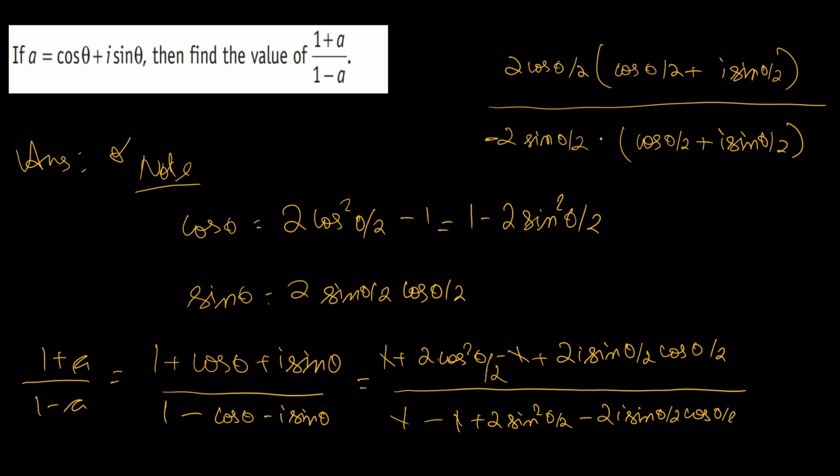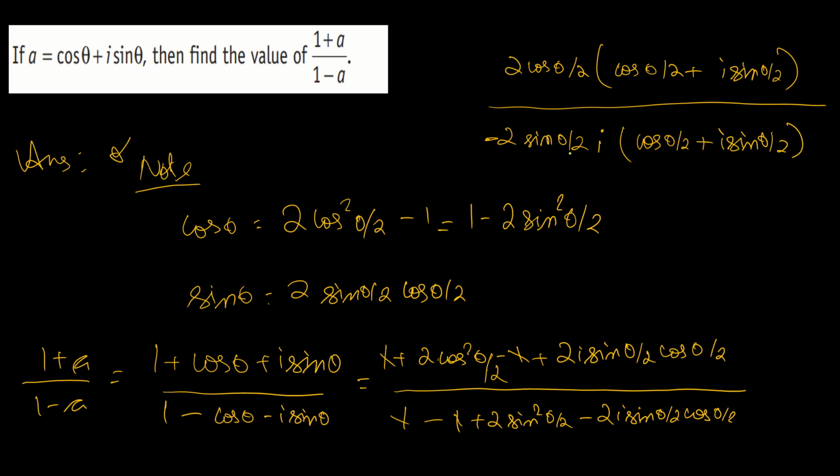Since I took the negative outside, I can take an I here. What happens is that when we open this, it becomes minus 2 sine theta by 2 I cos theta by 2.